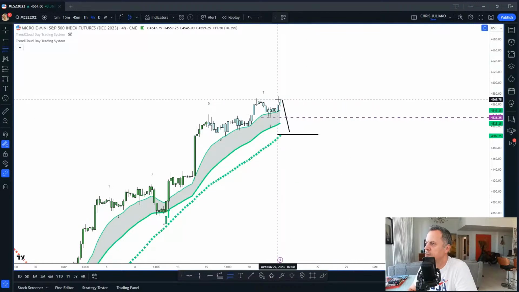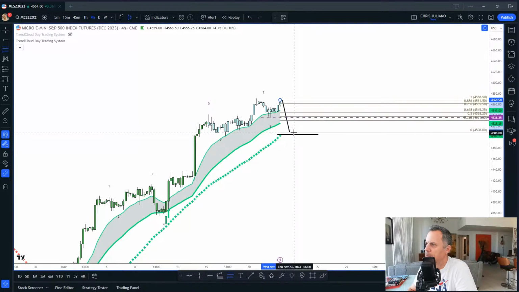You want to go to the top. Let me put that magnet on. You want to go to the top of the second top. Here's the first top. Here's the second top. Okay, you want to go to the second top, click, and then go all the way to the bottom and click again.